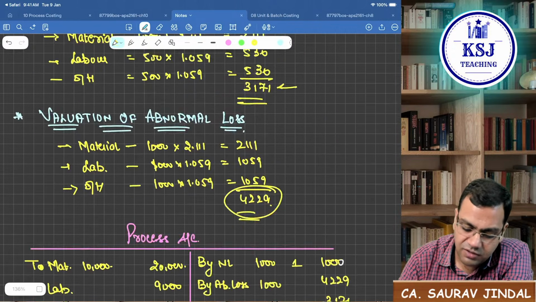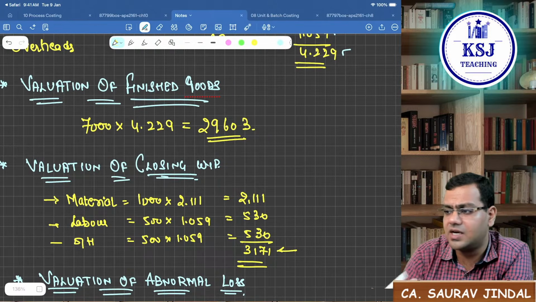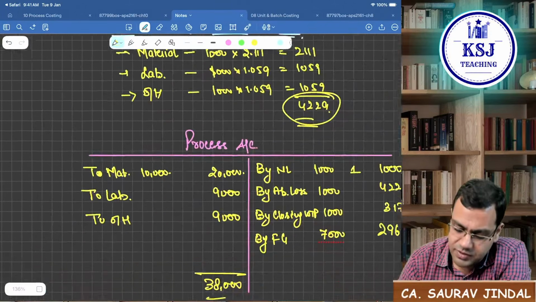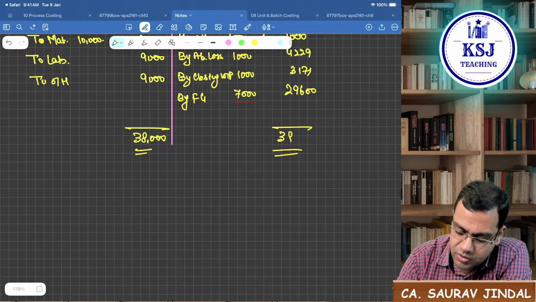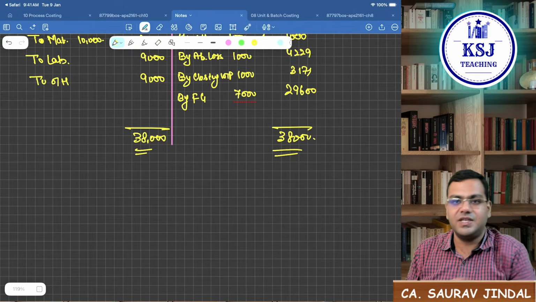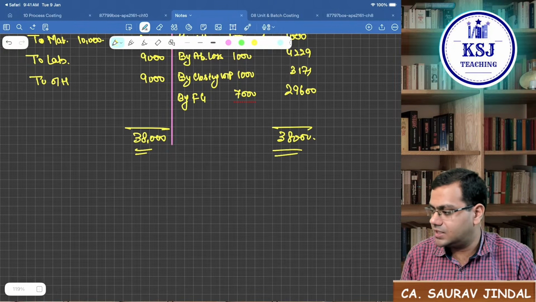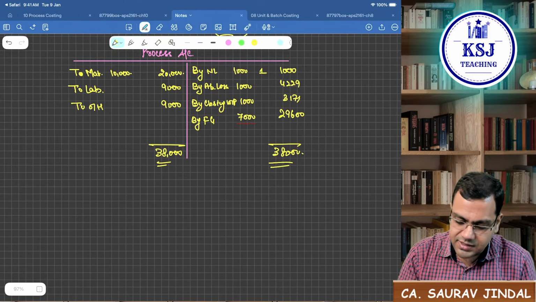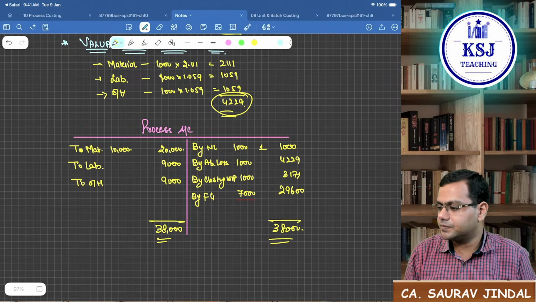Here the valuation of FG that we have done is 29,603. So 3 rupees difference, that is because of rounding off. So this will give you your process account. You can write a note here that the rounding off difference we have adjusted in the finished goods. That is acceptable, because of the decimal rounding off, the difference is there.